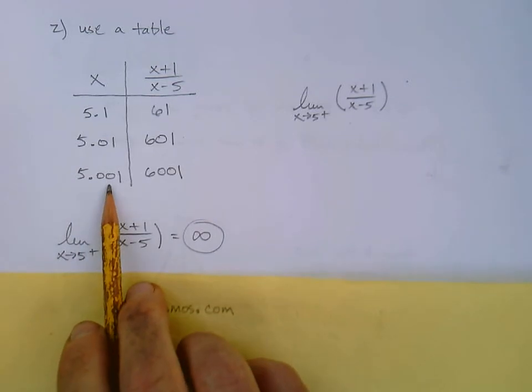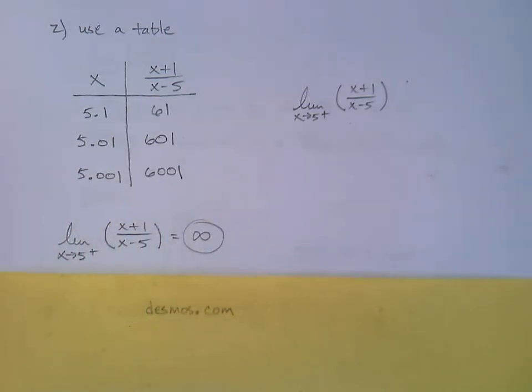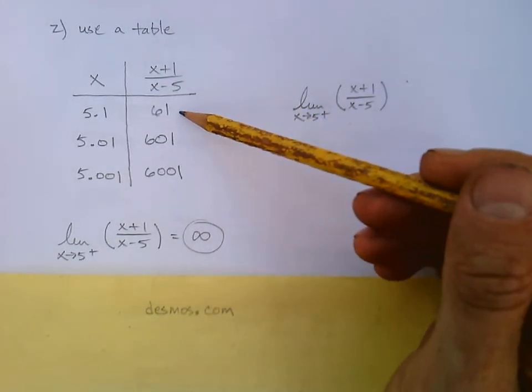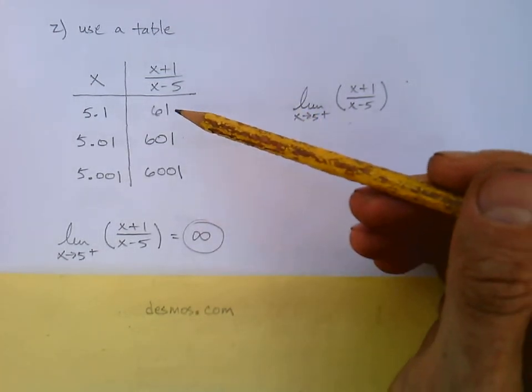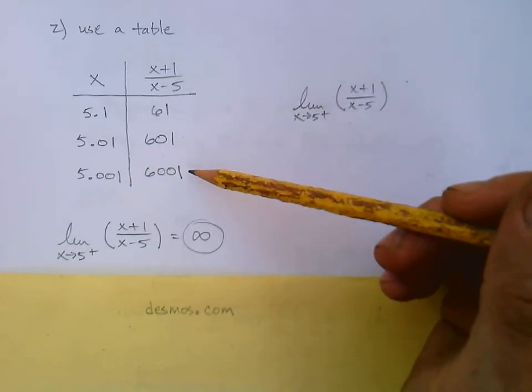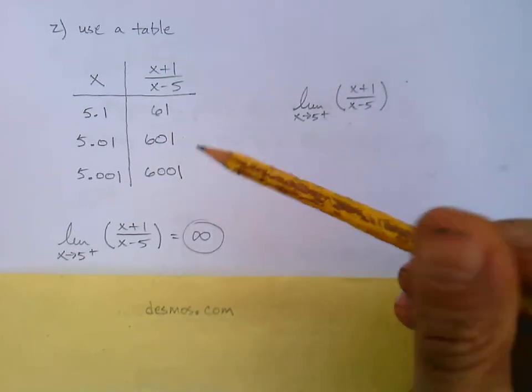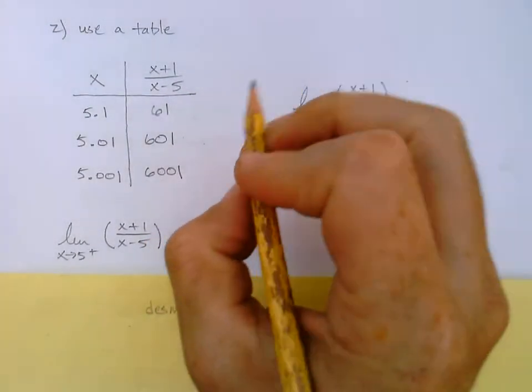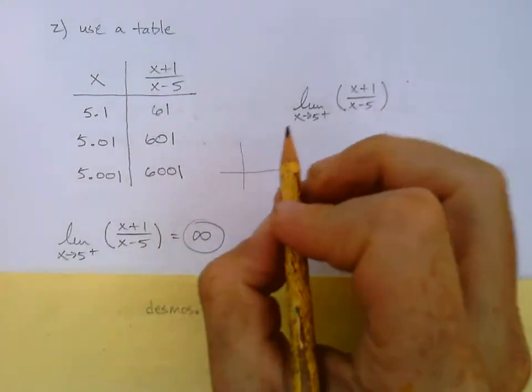Only looking at one number does not give you an idea of how it's moving. If you remember, calculus is all about change. How is it moving in time? If I see all 3 numbers, I see, oh, wow, from 61 to 601 to 6001, it's getting bigger really fast, right?